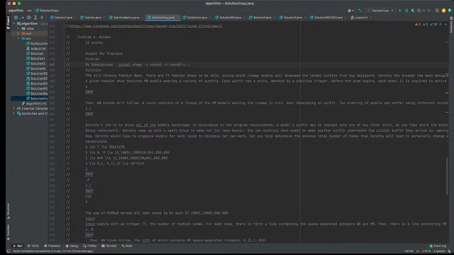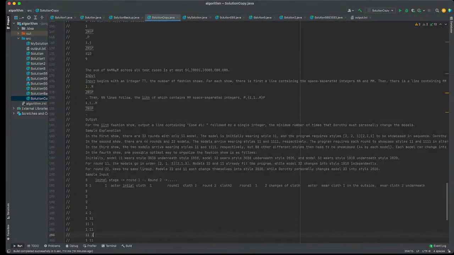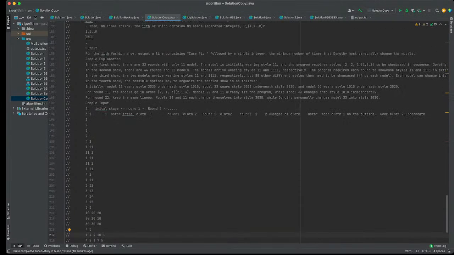So for example, let's look at this example input: initial stage, round 1, round 2. So this is the first example. The first example has 3 stages, 1 person.